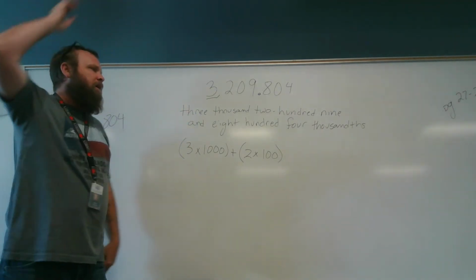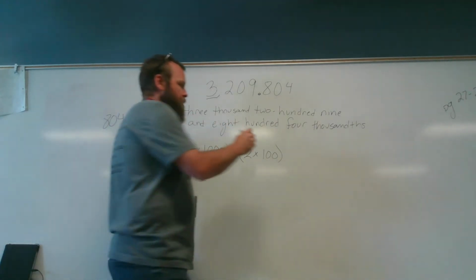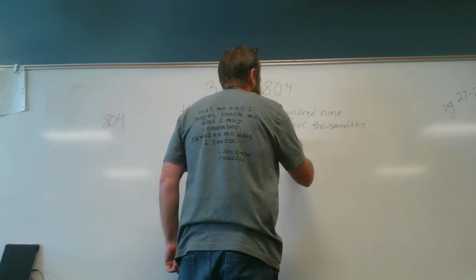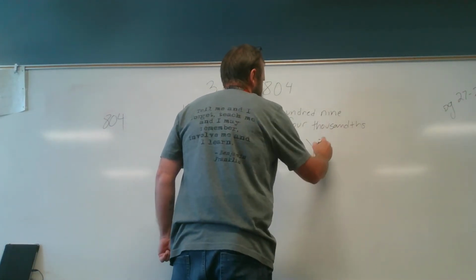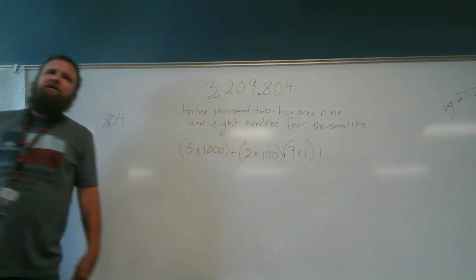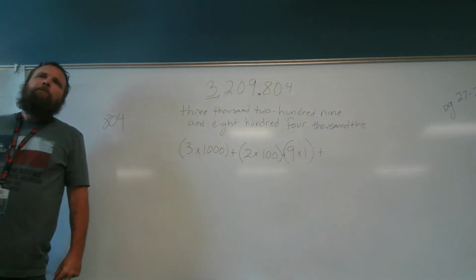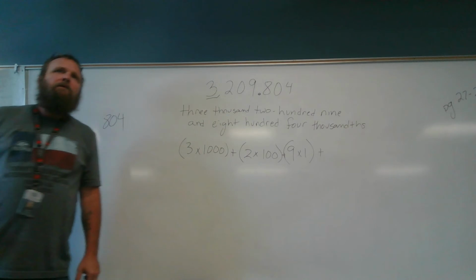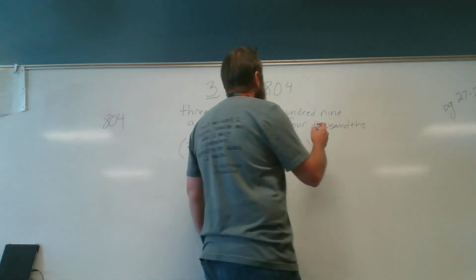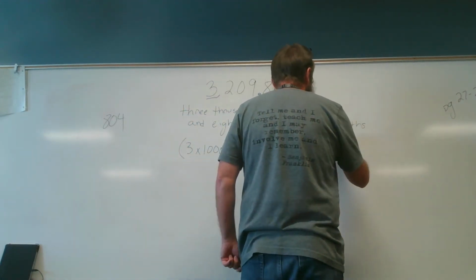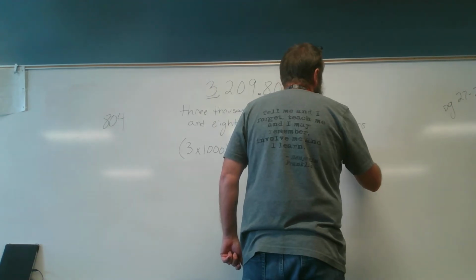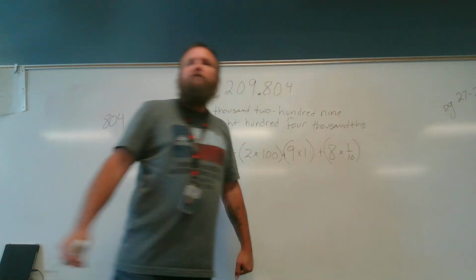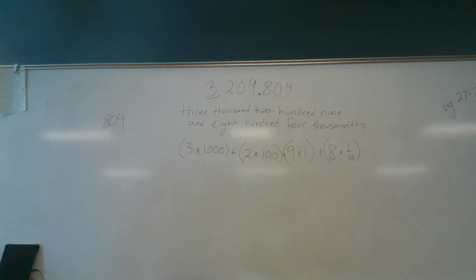So Ryan, what would be next? 9 times 1. Plus, what's next? 8 times 1/10. Now there's a different way to write 1/10. You can write it as a decimal.